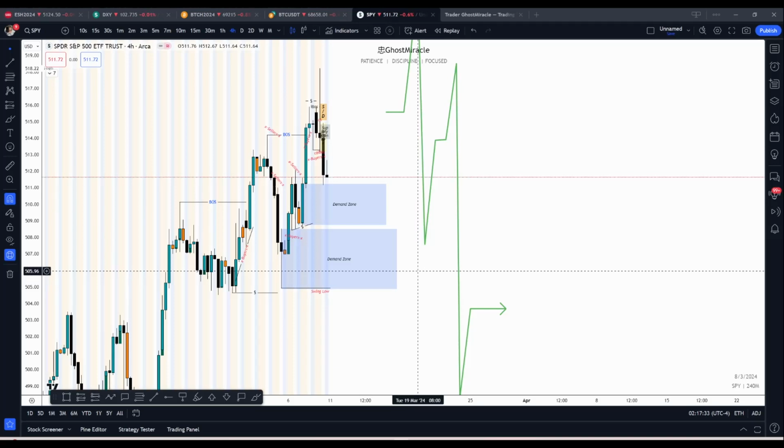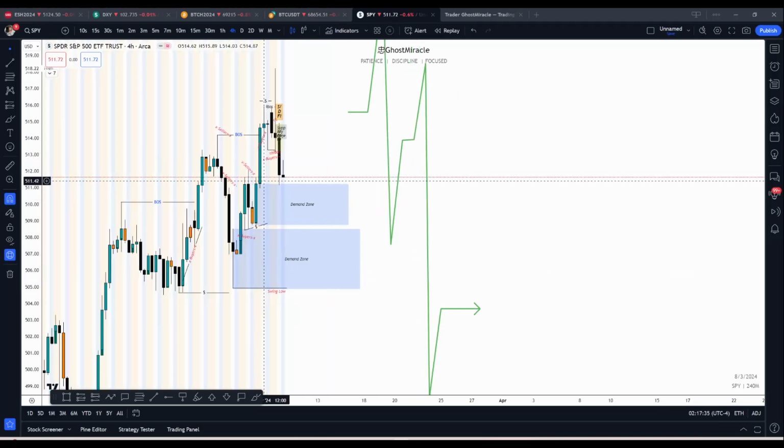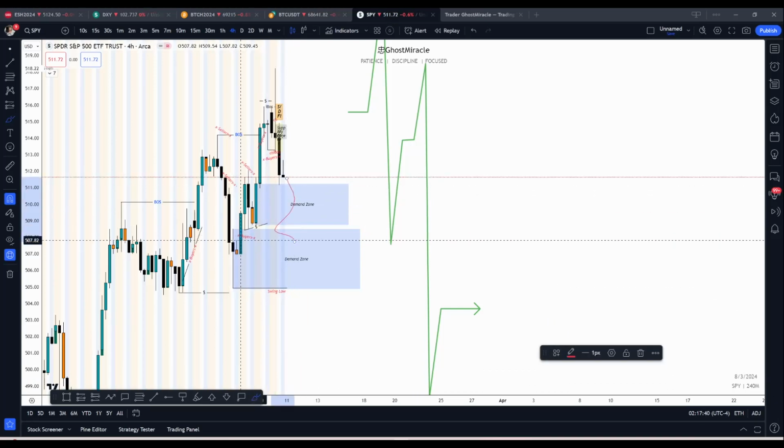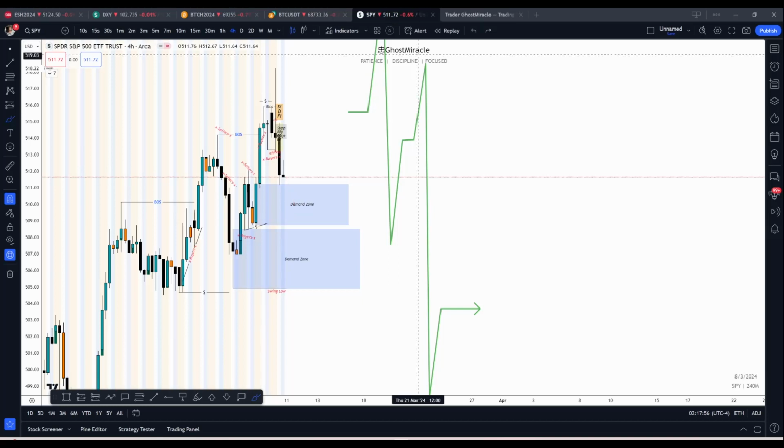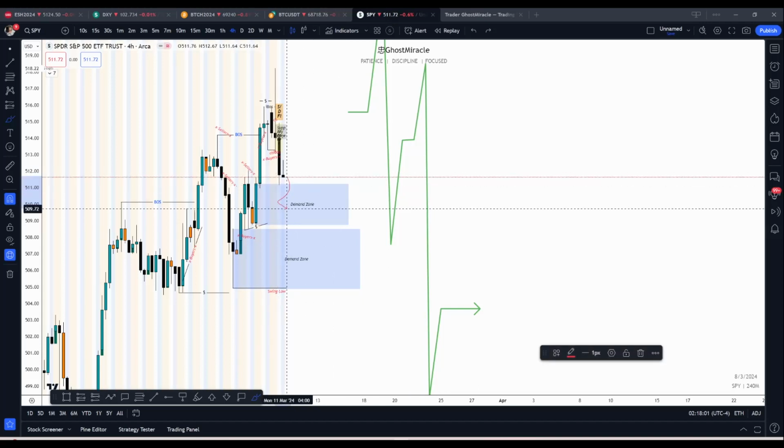Honestly, I don't even mark up too much liquidity on the higher time frame, because this is so far away from current price action that it's not really a concern at the moment. It can be a target if you're looking for sells. I would target it, however, or this here. But I would not necessarily worry about it because it is on the higher time frame and so far away from current price action.